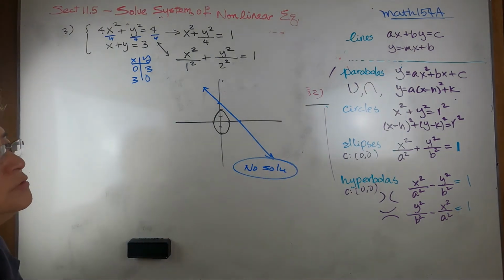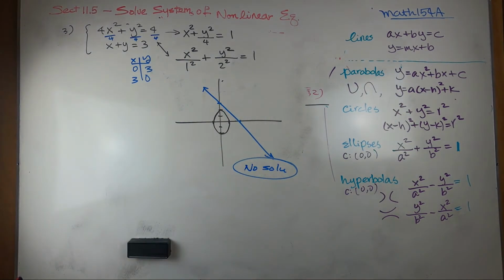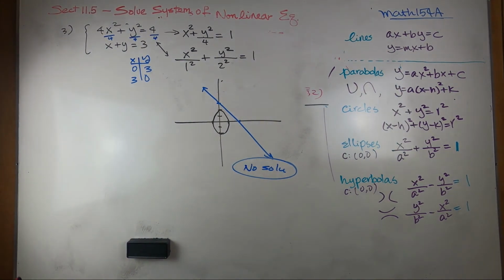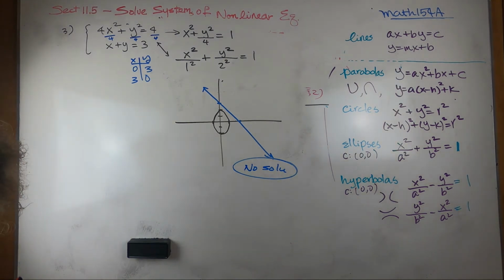But if you do your exam and you just show it this way, that's not good enough because you might make a mistake, right? From the graphs, we know it's no solution, but you have to solve it algebraically. Otherwise, you only get half credit, right?